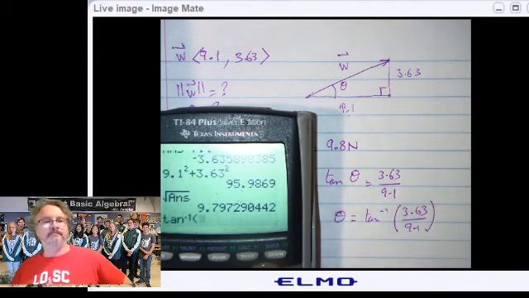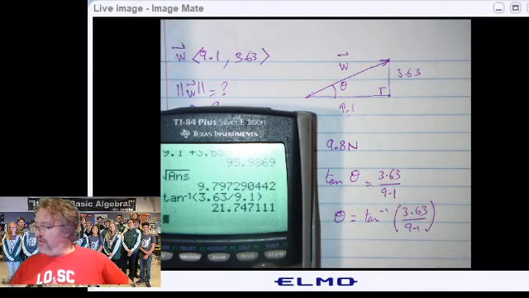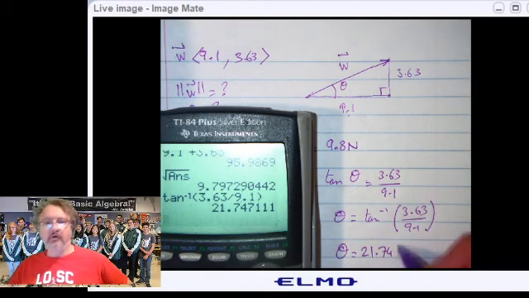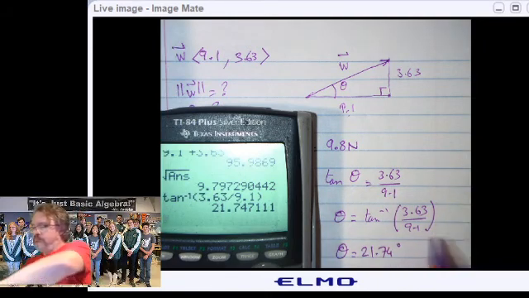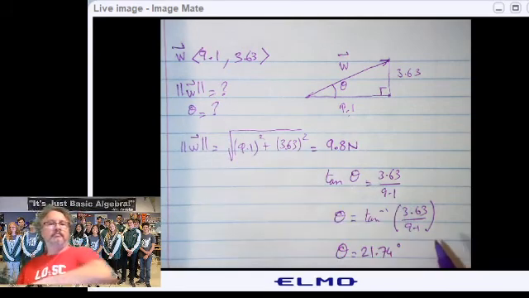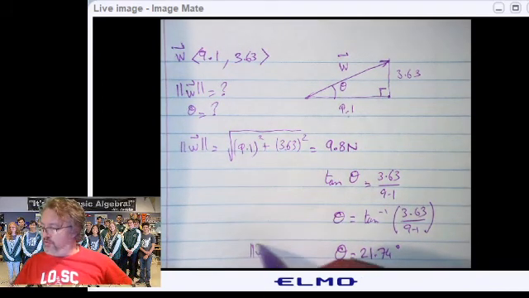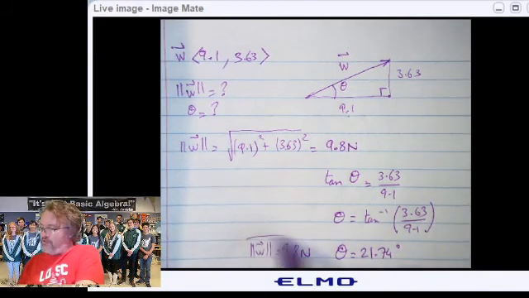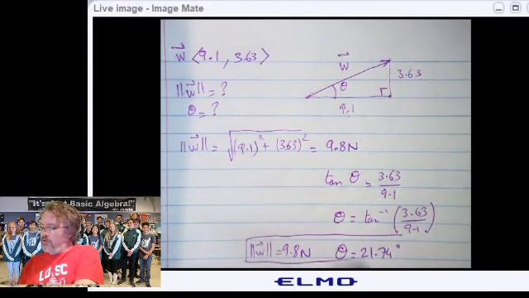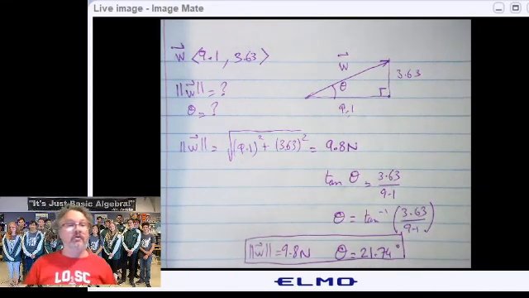Arctangent of 3.63 over 9.1. And we get an angle equal to 21.74 degrees. So the magnitude of the vector w is 9.8 newtons, and its direction is 21.74 degrees. I hope it was helpful.